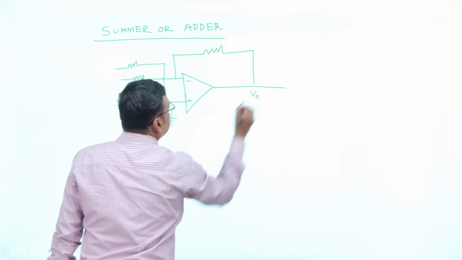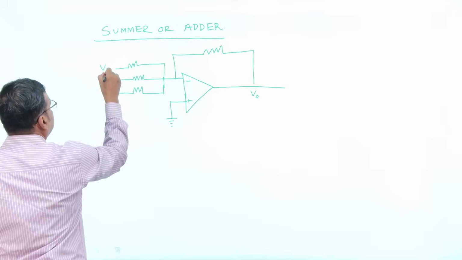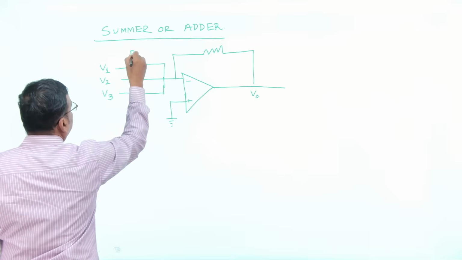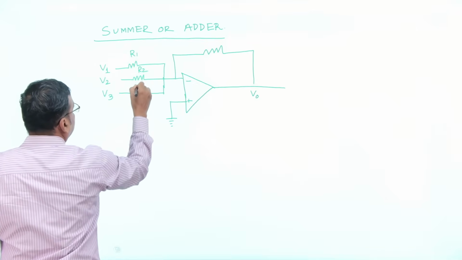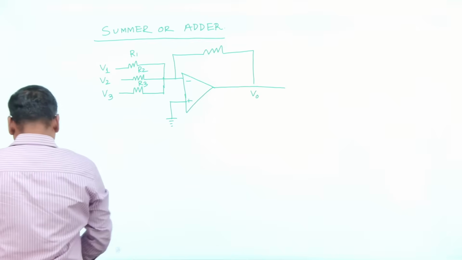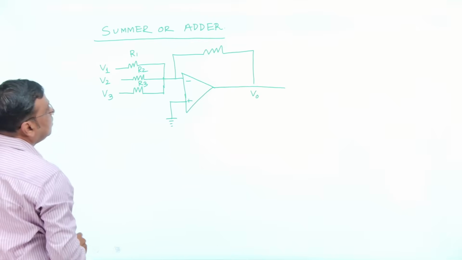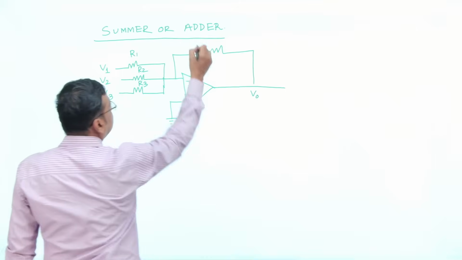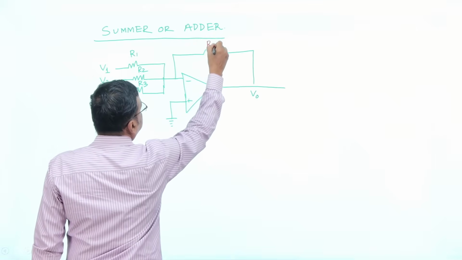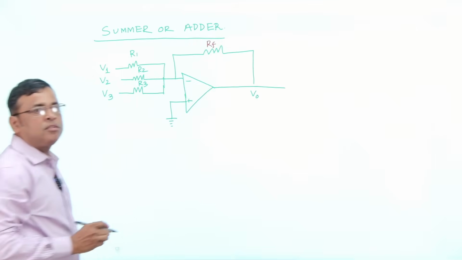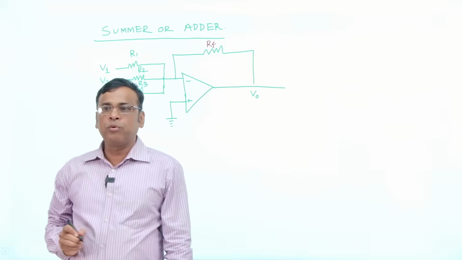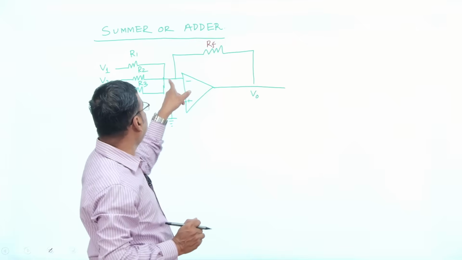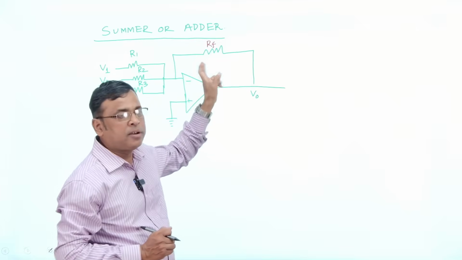This is your V0, this is V1, V2 and V3, and these are R1, R2 and R3. This resistor is RF, the feedback resistor. A feedback resistor is connected from the output to the input, so RF connects the output to the input.